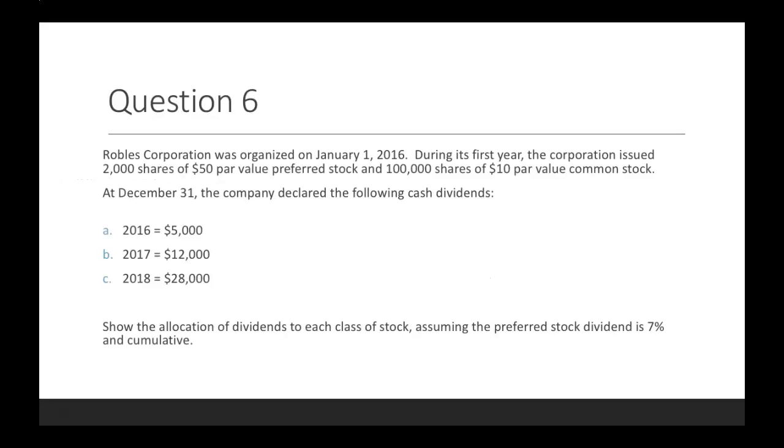Now question number 6. Robles Corporation was organized on January 1st, 2016. During its first year, the corporation issued 2,000 shares of $50 par value preferred stock and 100,000 shares of $10 par value common stock. At December 31st, the company declared the following cash dividends.